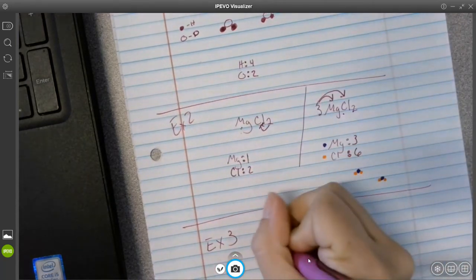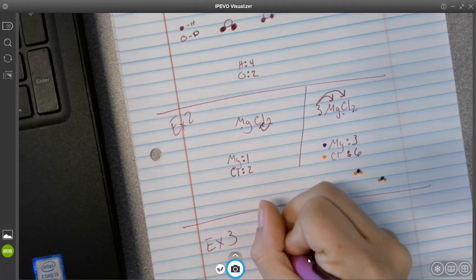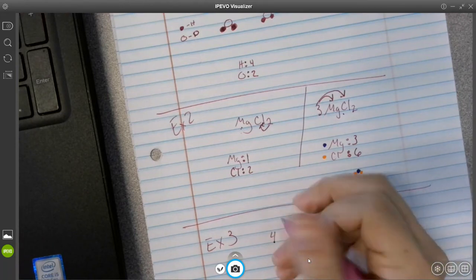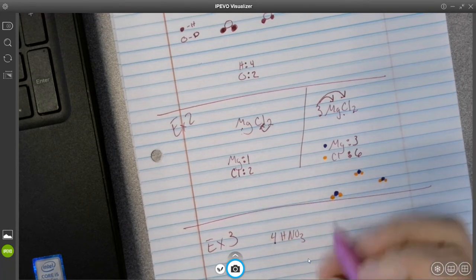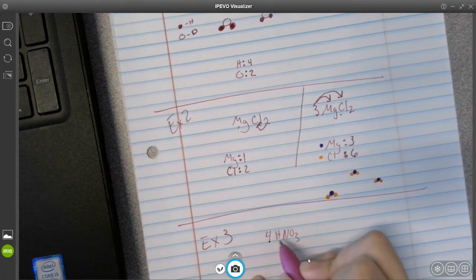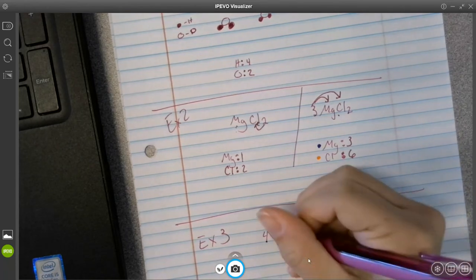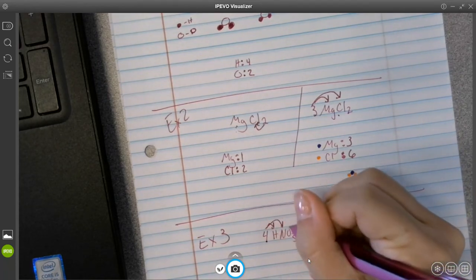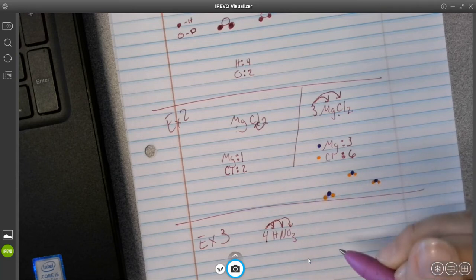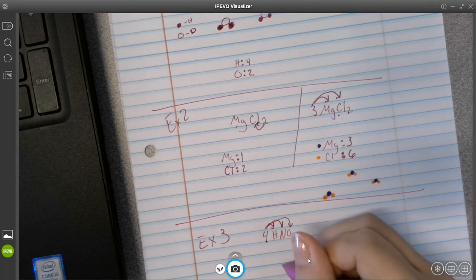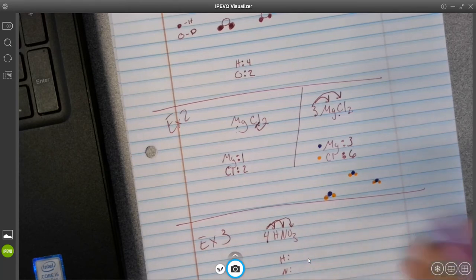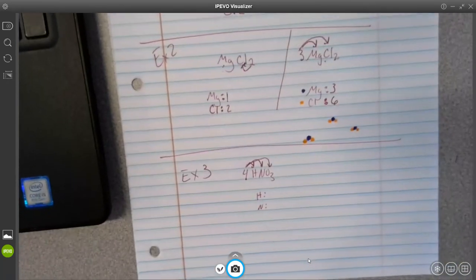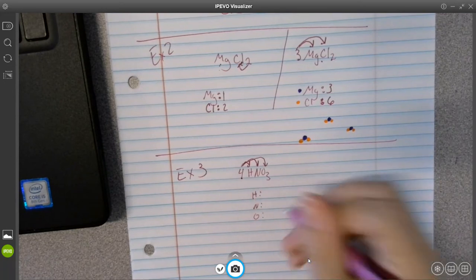And we're going to look at 4HNO3. Again, my coefficient can be distributive, so it goes to every element here. I know that I have hydrogen, nitrogen, and oxygen.